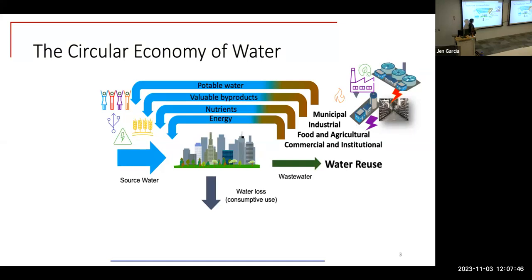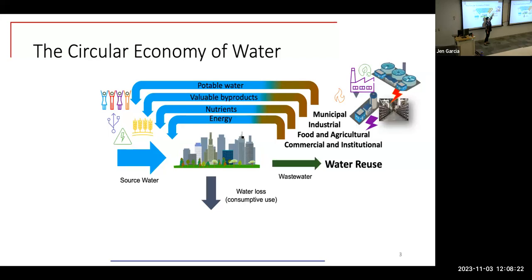So this is what a lot of the focus in the water world is centralized on, and it's water reuse. So it's making this linear process more of a circular process where we have our source water, we're using it, we still have some consumptive loss, but what we're doing with this wastewater is we're starting to have on-site water treatment technologies. And these are a portfolio of different technologies because the different waste streams from these different sectors have different contaminants in them.